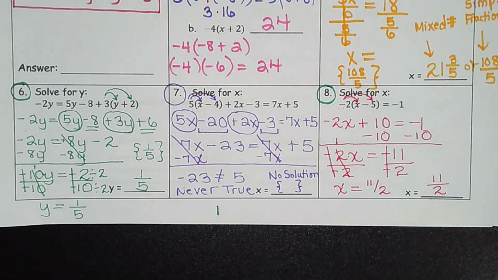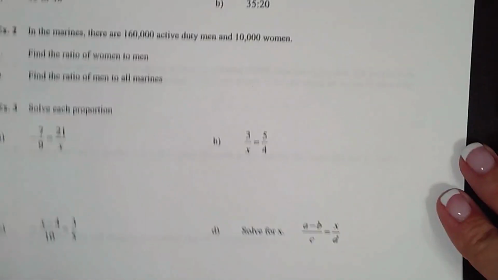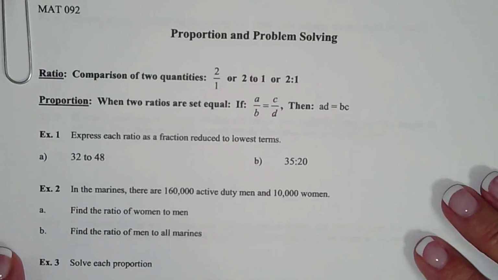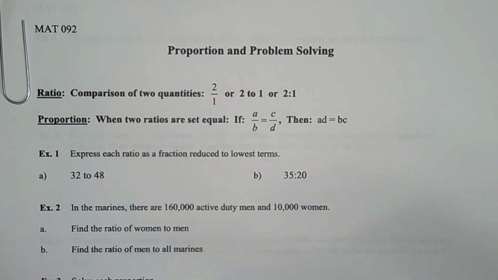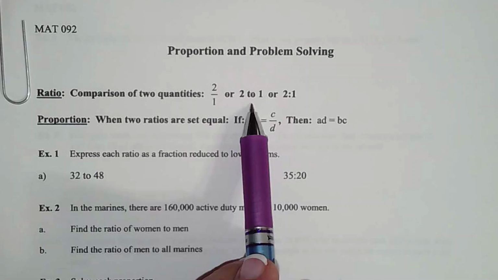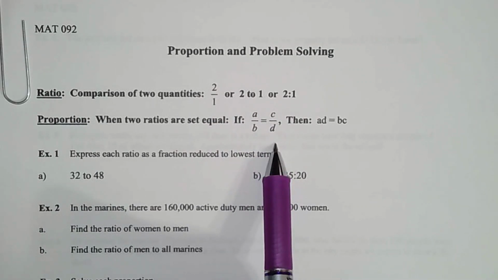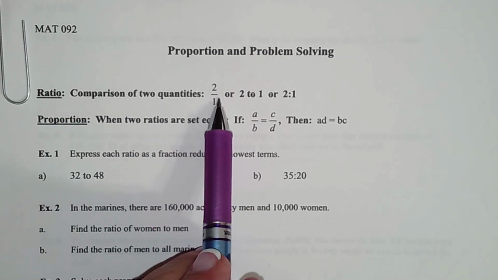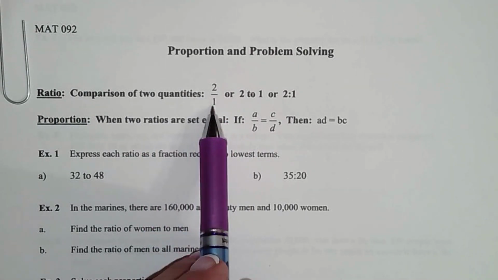Okay, so let's go ahead and jump into our new lesson. So proportions and inequalities. We have an exciting couple of days here. Proportions are when you set 2 fractions equal. That's what a proportion is. 2 fractions set equal. Or you could say set 2 ratios equal. Ratios are a fraction.